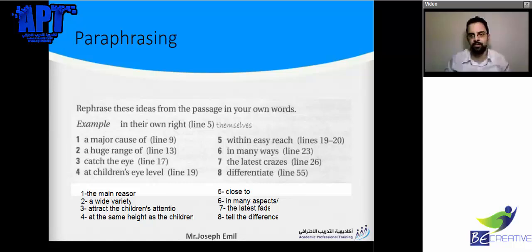Alright, so we can guess how certain phrases can be paraphrased. They would have a different phrase, but that different phrase would have the same meaning, and this is how it happens.